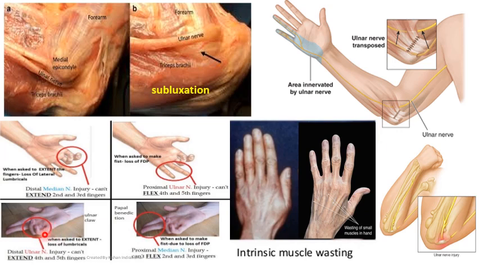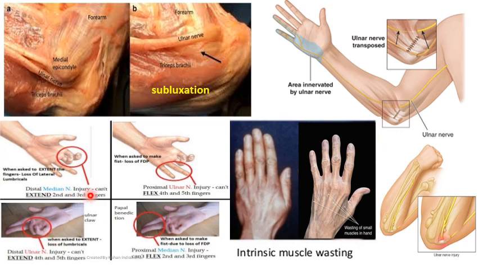That is the reason for extension of the metacarpophalangeal joints and flexion at the interphalangeal joints, which is more pronounced because of the unopposed action of the flexor digitorum profundus as well. So this is the claw hand, and this is the ulnar paradox that is seen.